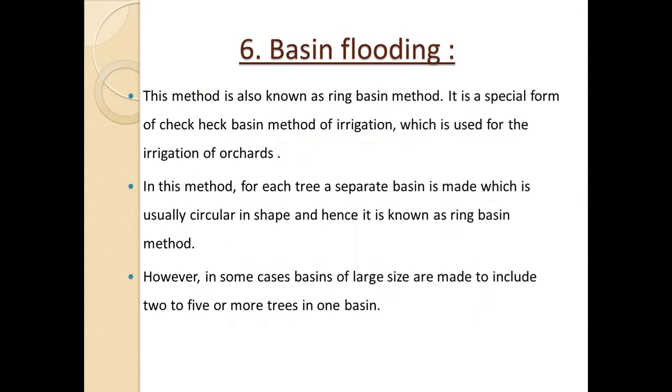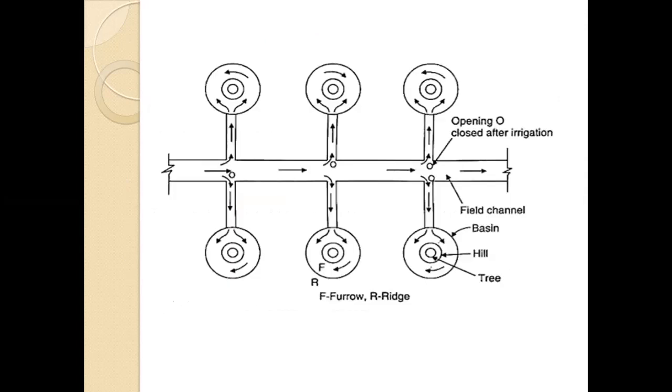However, in some cases, basins of large size are made to include two to five or more trees in one basin, as is shown in this figure, either open or closed after irrigation.